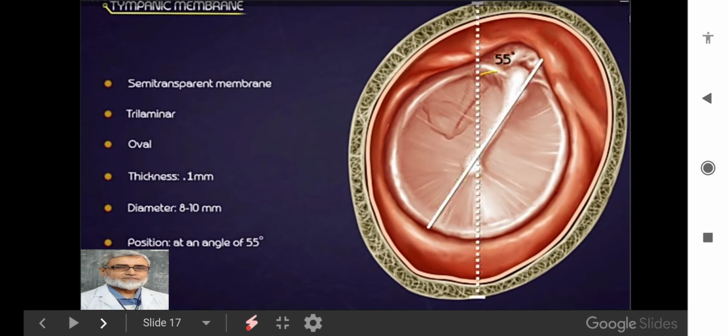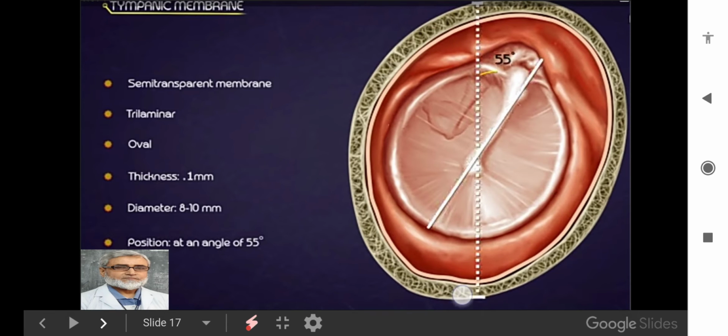See here the tympanic membrane. Regarding the tympanic membrane, it is a semi-transparent membrane. It is not transparent, but semi-transparent. This is the ring where the external margin of the tympanic membrane is attached to the fibrocartilaginous ring here.